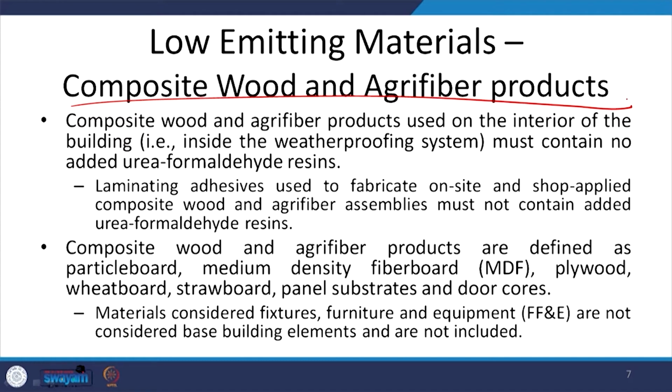But these composite wood and agri-fiber products are bound together with the help of a synthetic product, like an adhesive, and it binds this wood and agri-fiber together to form a proper product. Again, these adhesives slowly release the VOC.